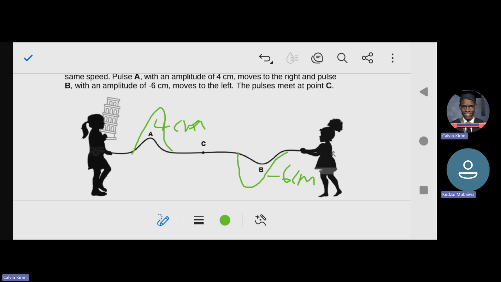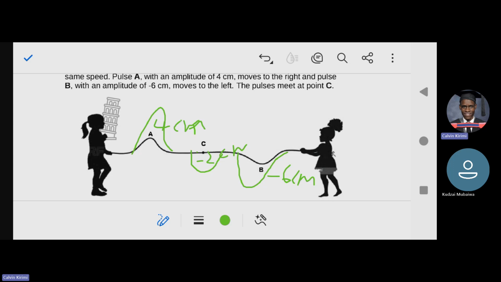So when they meet here, where do you think the resultant is going to be? Is it going to be up or down? When they meet at C, it's going to be a bit down. With how much? Now you know: -2 centimeters. Don't forget the unit.